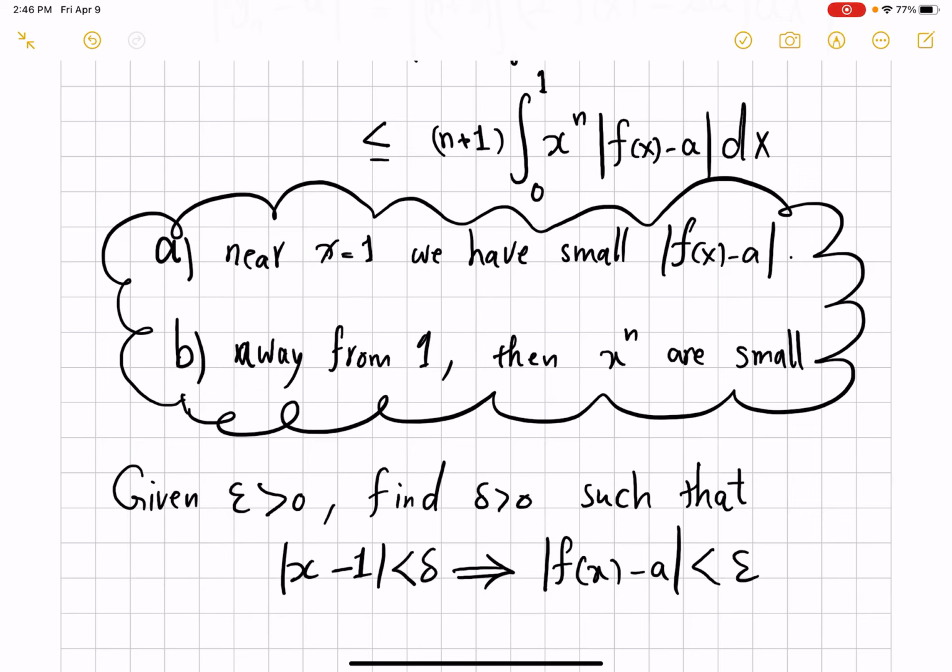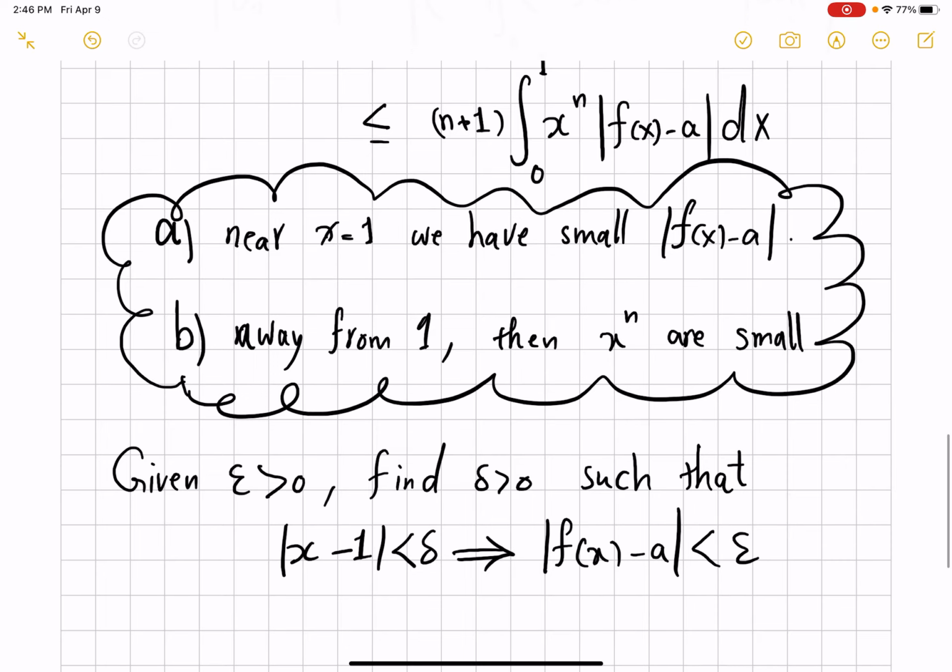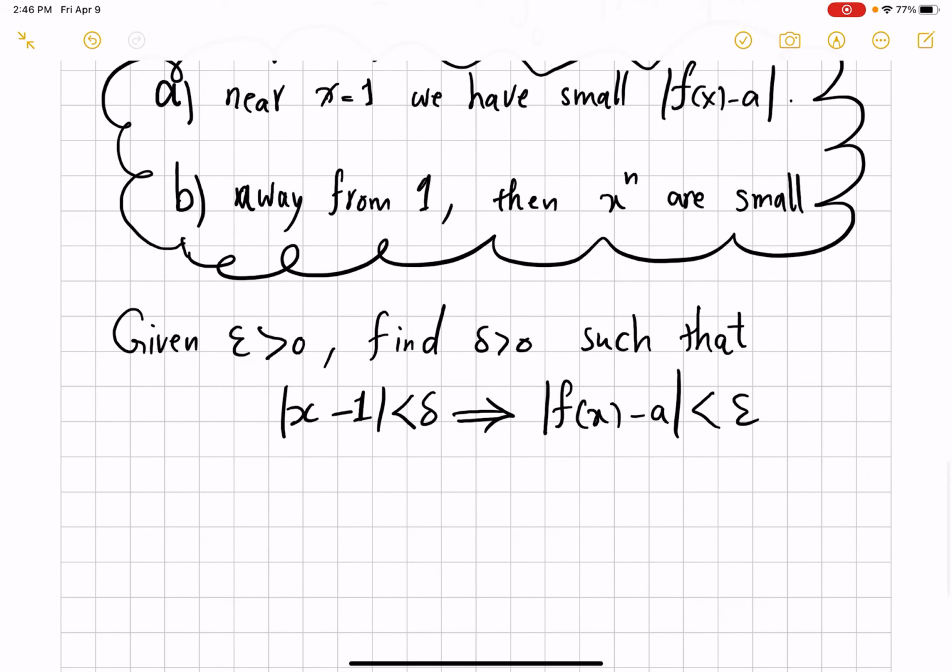And because, remember, we only are interested in the left side of 1, such a delta positive exists because f is continuous at 1. So that's one thing.